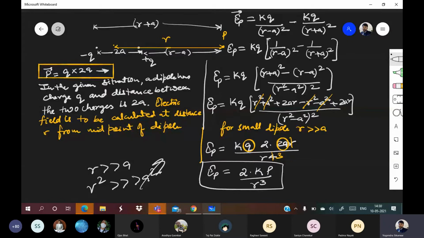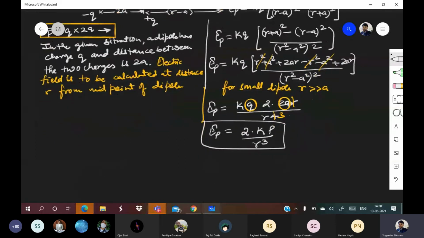Now next, this is without vector form. So EP vector, in fact, you can write in vector form.